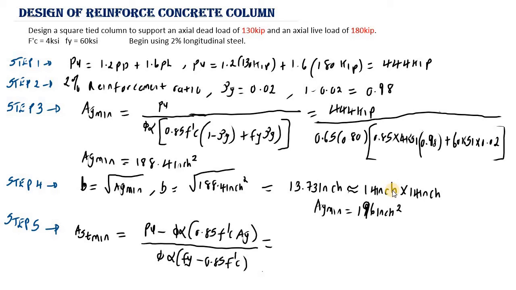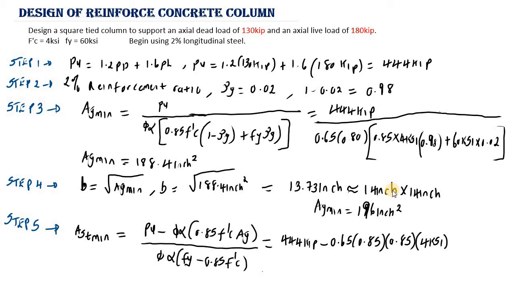So what is Pu? Pu is 444 kip, then minus phi. Phi is 0.65, so minus 0.65 multiplied by alpha, and alpha is 0.85, then multiplied by 0.85, then multiplied by fc prime, which is 4 ksi, 4 kip per square inch, then multiplied by Ag.